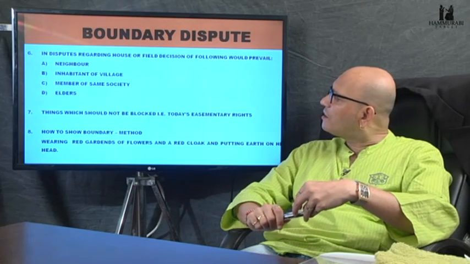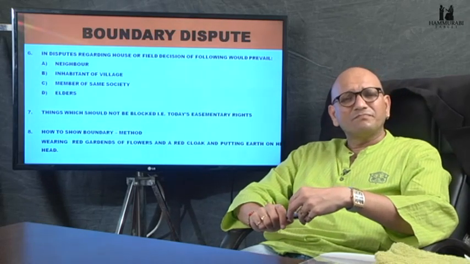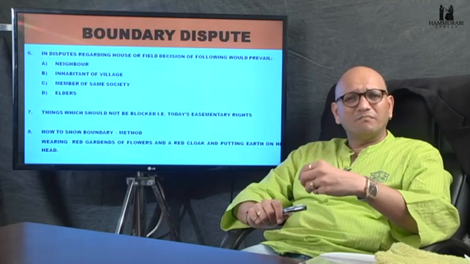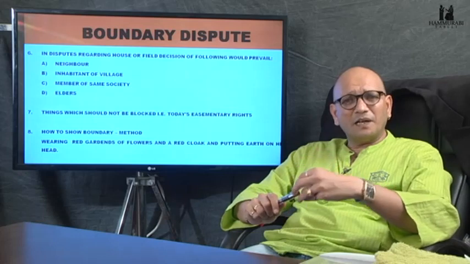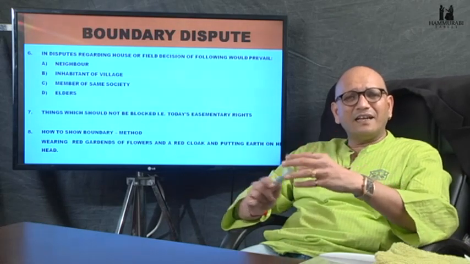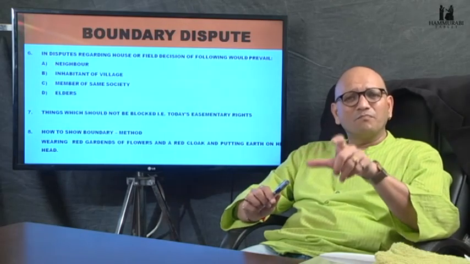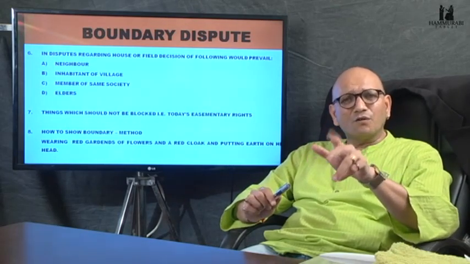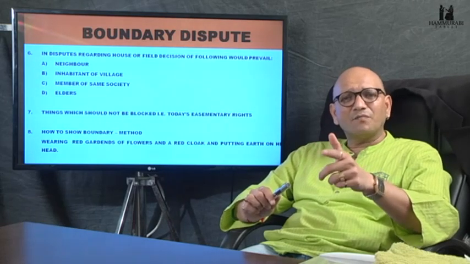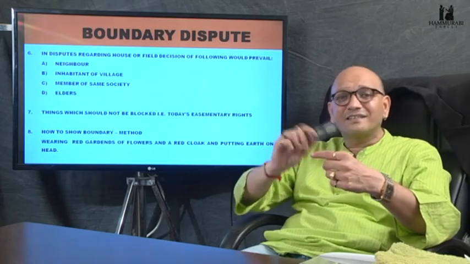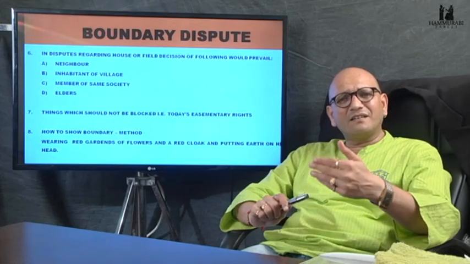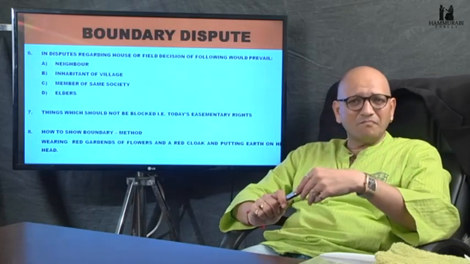Then we have members of the same society. The same society means a group of people, because in a village there is a possibility that there are 5 groups which exist and they are staying in different places but in a group. So the members within the group obviously have communication and understanding, because all these things are being discussed. Then we have elders. Elders should be considered in boundary matters.